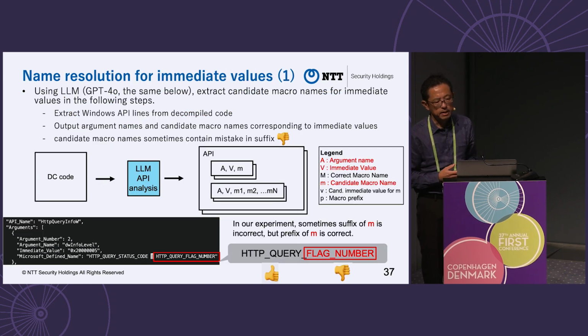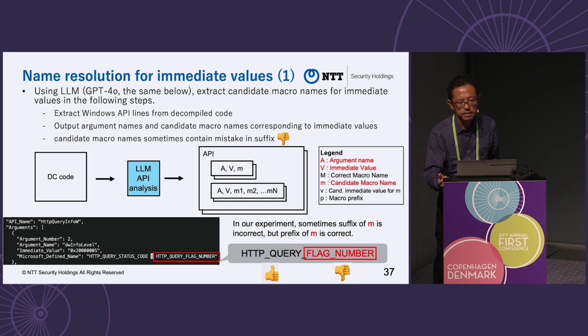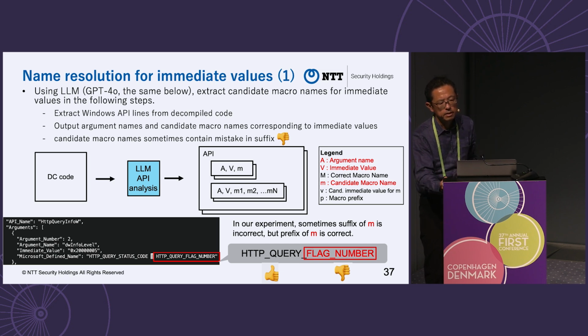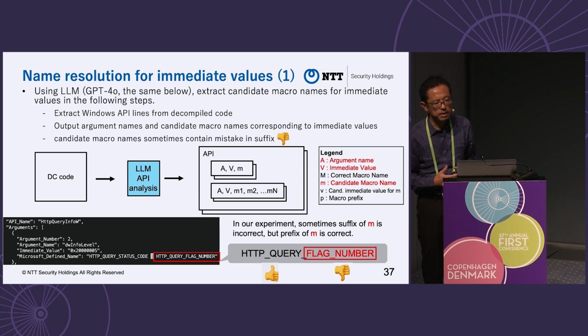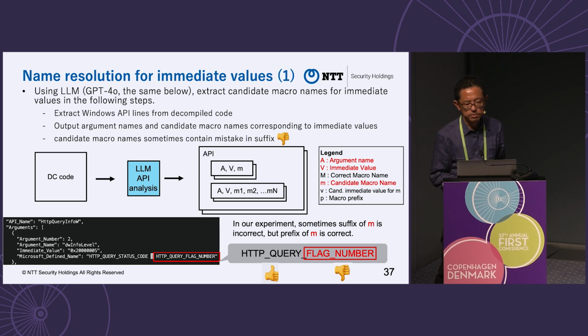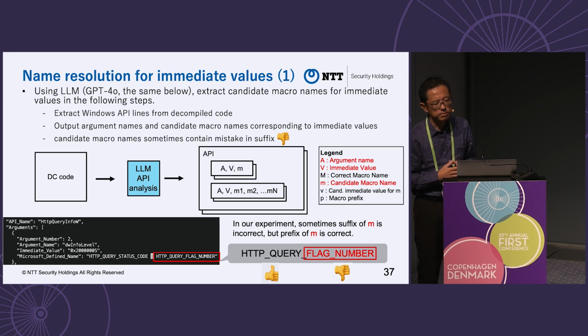To begin with, we use an LLM, ChatGPT-4o, to identify potential macro names that correspond to immediate values found in code. The process involved a few key steps. First, we extract lines from the compiled code that reference Windows API functions.